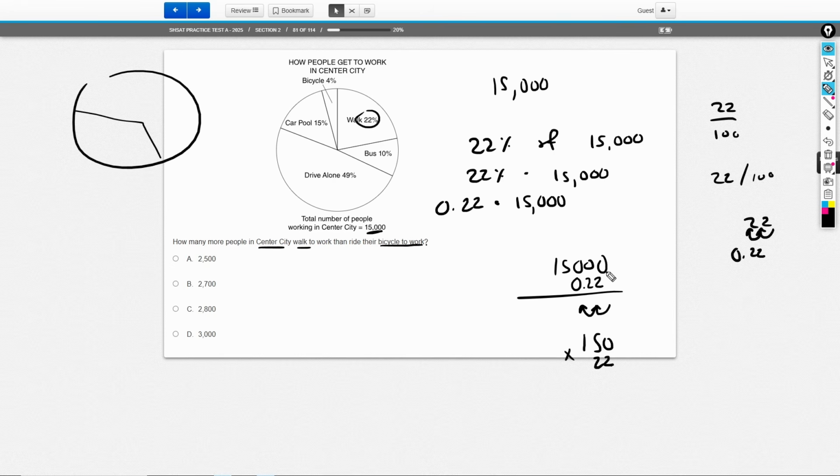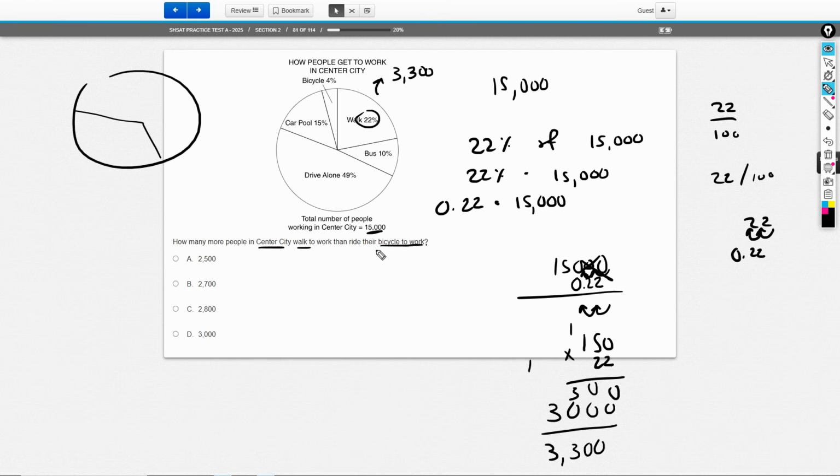So a cool trick here is you could just move the decimal point of 15,000 back 2 units already, convert it into 150, and then multiply it by 22 normally. So 3,300 people end up walking to work.